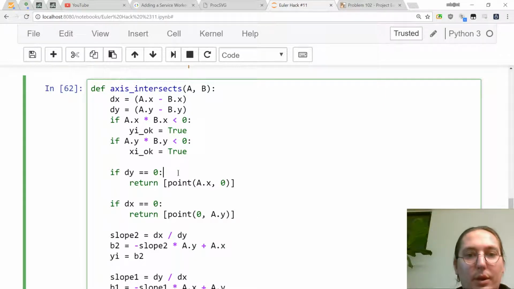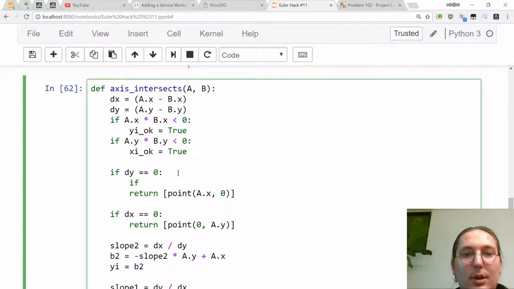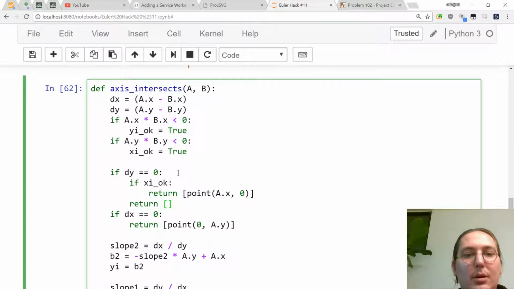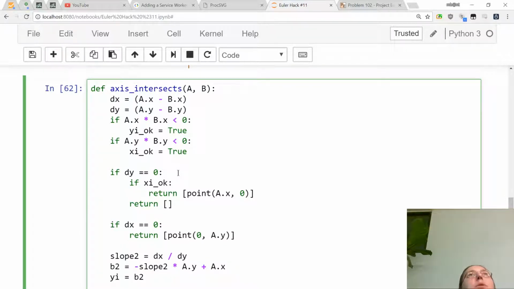But this doesn't solve it if one of the points is on the axis, because then 0 multiplied with something is 0, so I have to do less than or equal, I guess. Yeah, less than or equal.